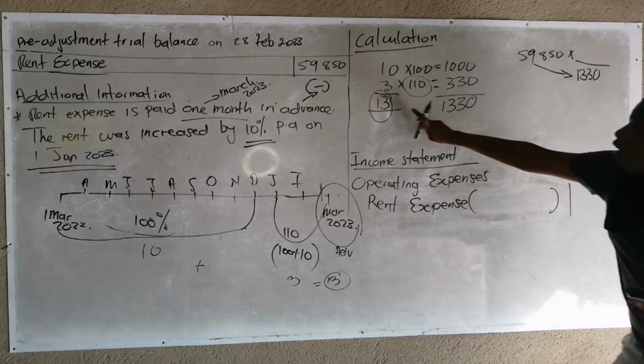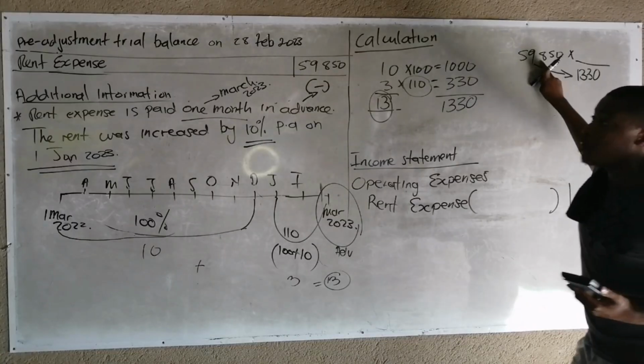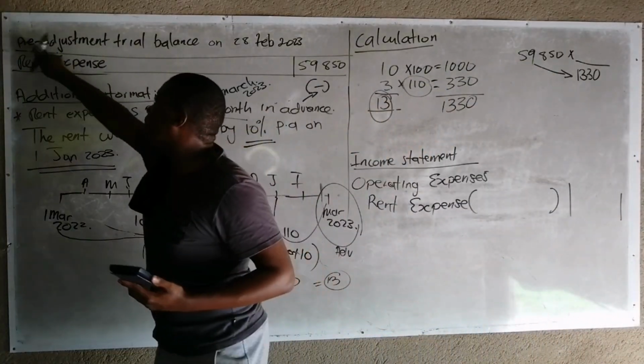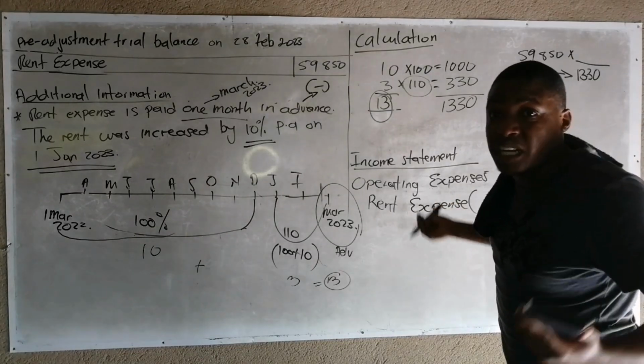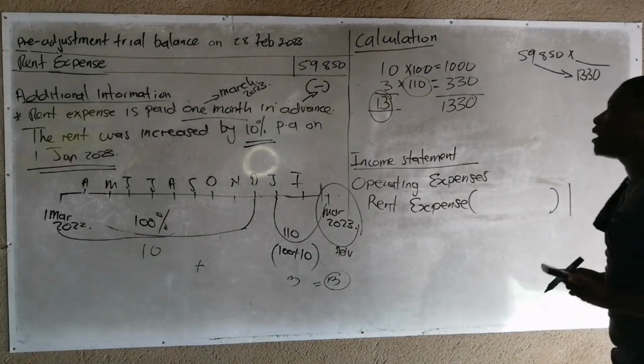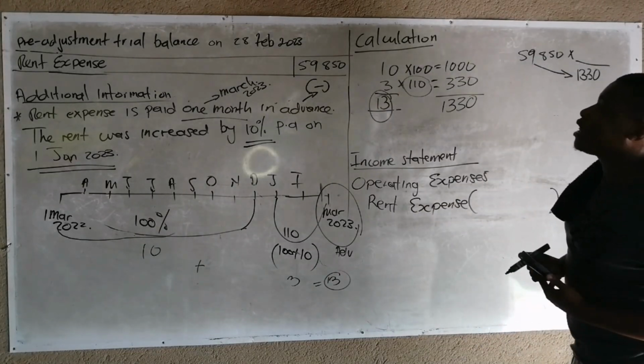So it is for the 13 months. This amount is for 13 months, don't forget, because it is the pre-adjustment trial balance, which means the amount in advance was not yet recorded or removed from that 59,850.